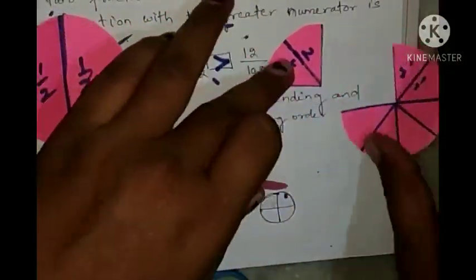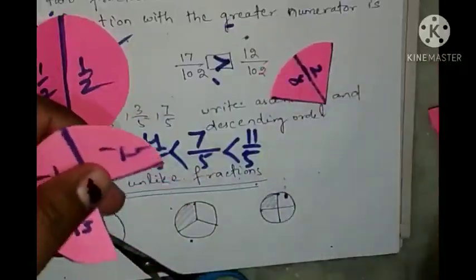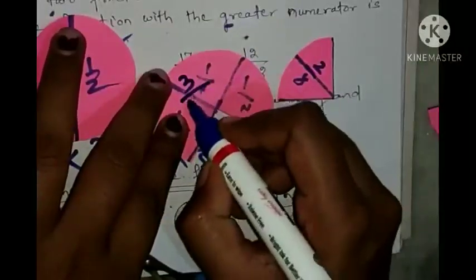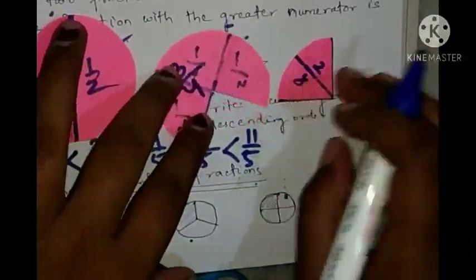I have taken here 2 by 8 and this is how much? 1, 2, 3. This is how much? 3 by 4. Okay.